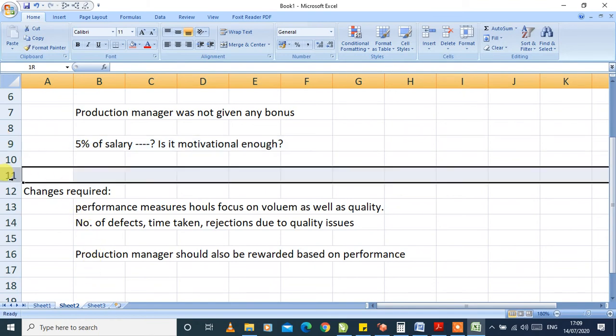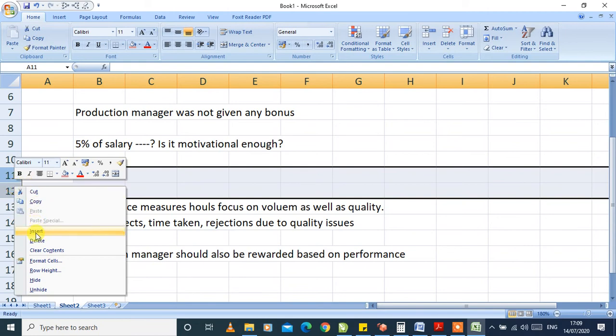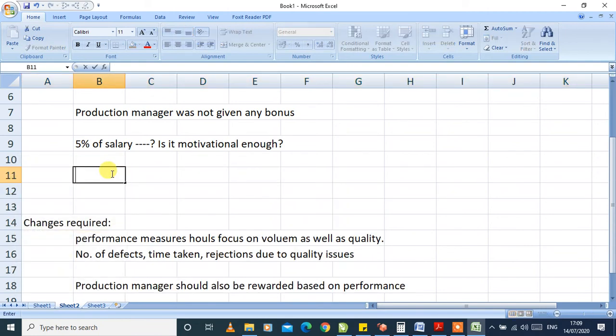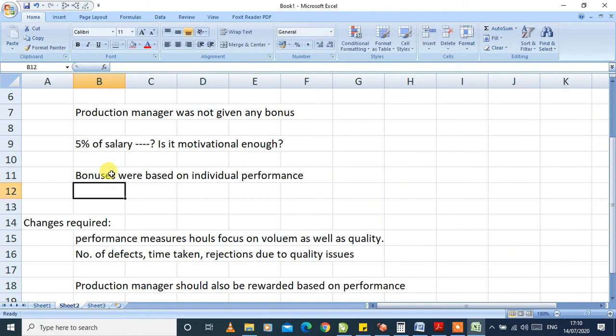So far, like in the traditional system, bonuses or rewards were based on individual performance. Am I right? Each machinist's output was calculated or measured, and based on that you gave bonus. Now you can't do that because you are giving team tasks. A team is going to be responsible for a product.